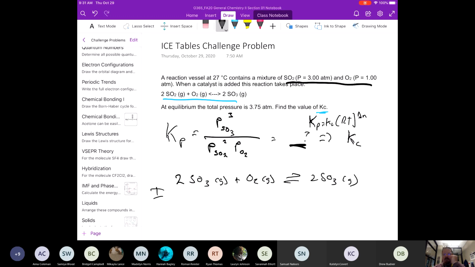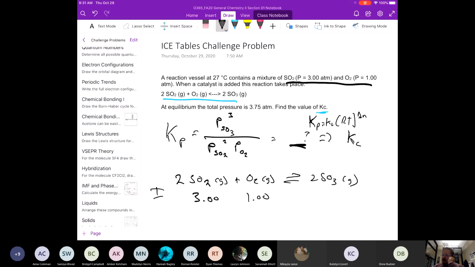We can define this reaction system, what it is initially. Initially, our SO2 was at 3 atmospheres, and our initial amount of oxygen is 1 atmosphere.